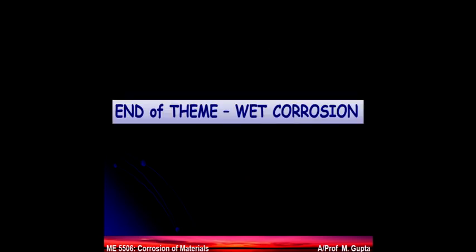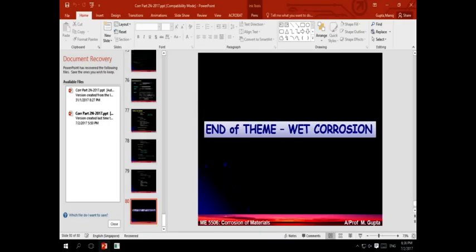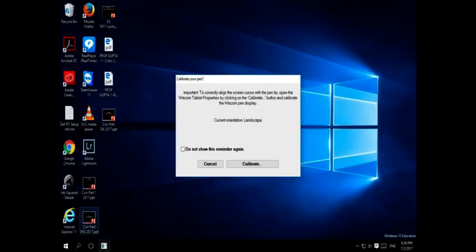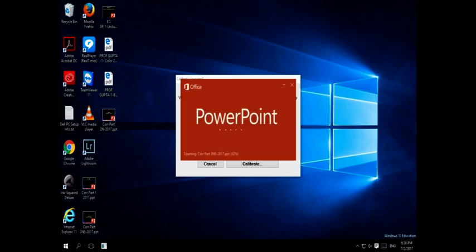All right, so any question on the wet corrosion? And this is what we will cover in quiz number 1. No questions?